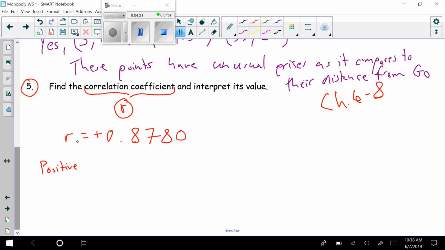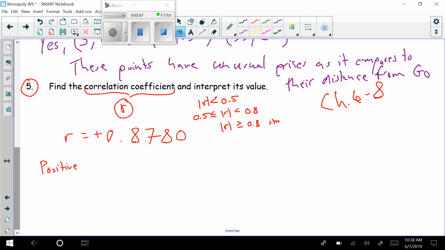And the next thing, this is always linear, right? We have 3 different modes, right? The absolute value of R is either less than 0.5, or it is greater than or equal to 0.5 and less than or equal to 0.8, or it is greater than or equal to 0.8.